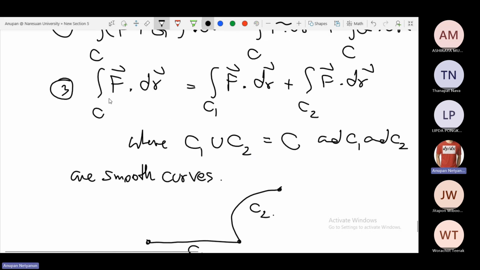Instead of doing it one time, you can separate it into two curves, and then add them together.